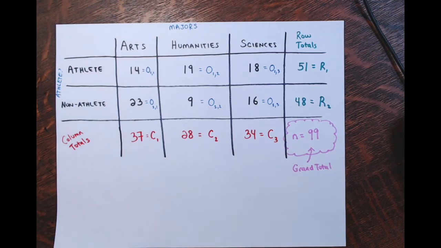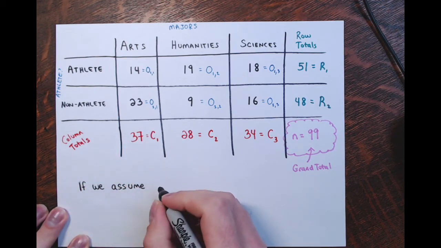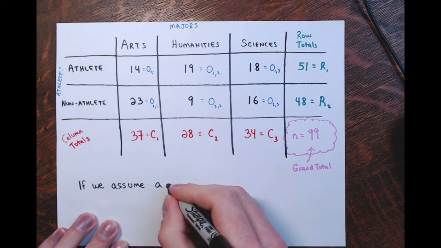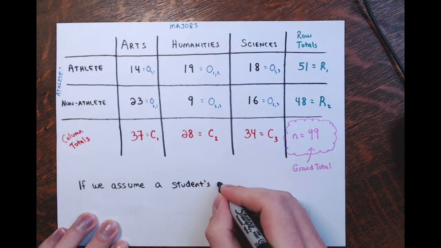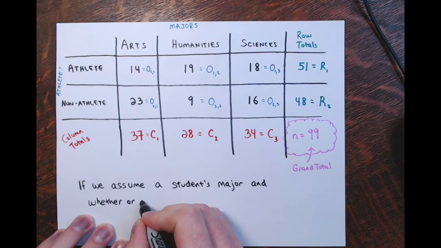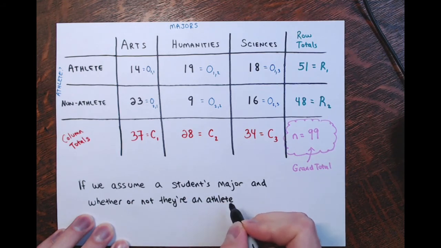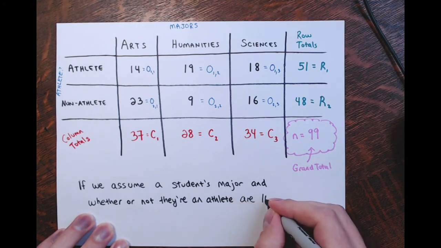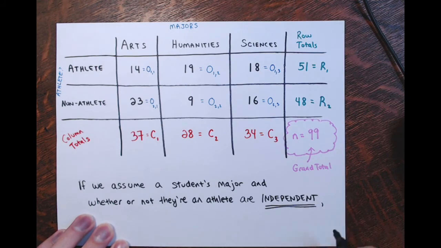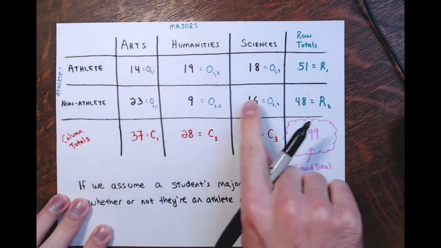If we assume that a student's major and whether or not they are an athlete are independent of one another, then how many of the 99 people would we expect in these 6 spots? Again, these are the only 6 that matter. The row totals and column totals I'm not doing this for.